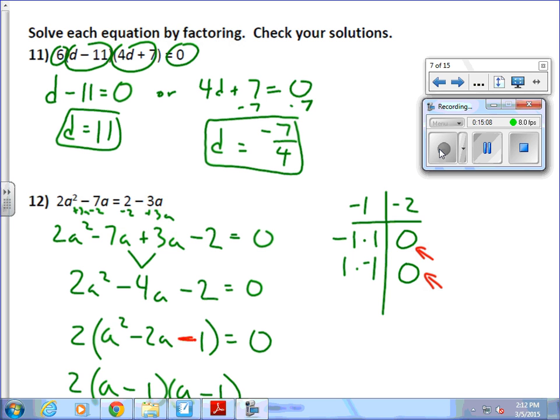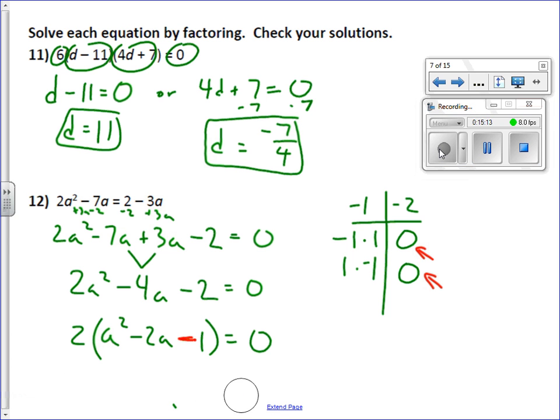This is going to cause a problem because I can't stop at this point and actually find values for a without factoring. So I'm guessing there might have been a misprint. I'm going to say someone should have made this a minus 2, or had the equal sign here and the minus sign here, and that would have made it a plus 2, and that would make it a little bit easier to work with, because then we could say it's negative 1 and negative 1, which would add up to negative 2.